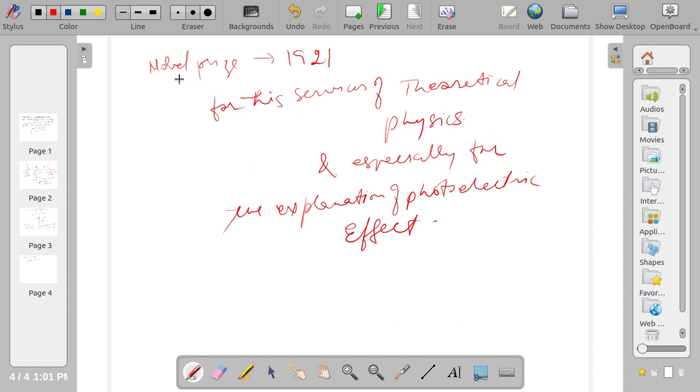But he got the Nobel Prize in 1921 and received it in 1922, right?